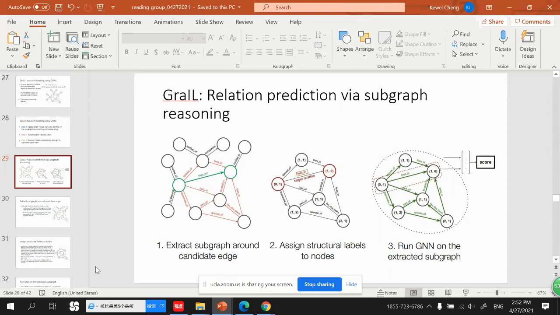The second step is to assign the structure label to the nodes in this subgraph. The third step is to run the GNN on the extracted subgraph in order to learn the embedding of each node.